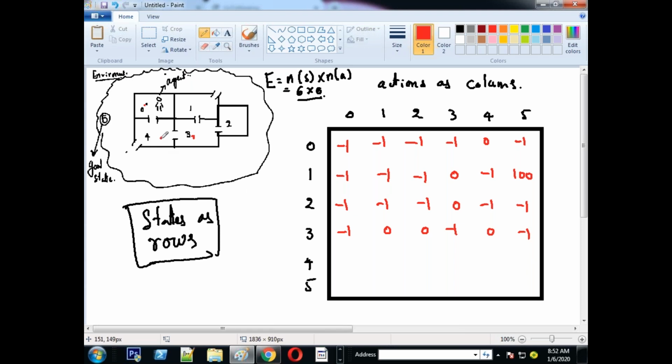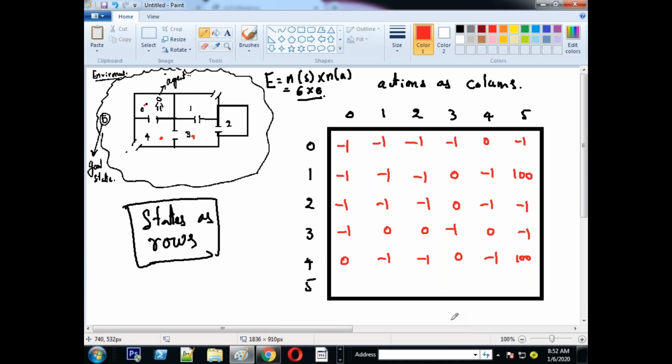Think that now you are in room number 4. Now your current state is number 4. 4 to 0, 4 to 1, 4 to 2, 4 to 3, 4 to 4, 4 to 5, 100. Vacancy, and at the same time I achieved the goal state. That's why 100.